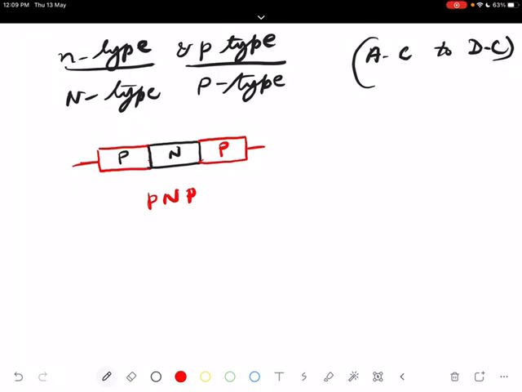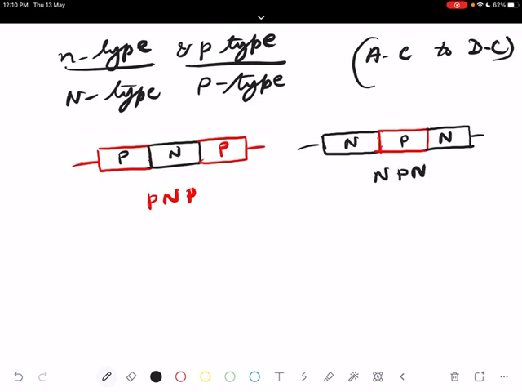Or you can make an NPN transistor: this is N, this is P, and this is N. This is called an NPN transistor.